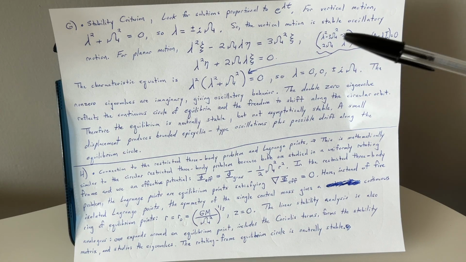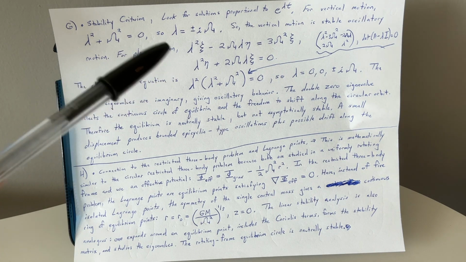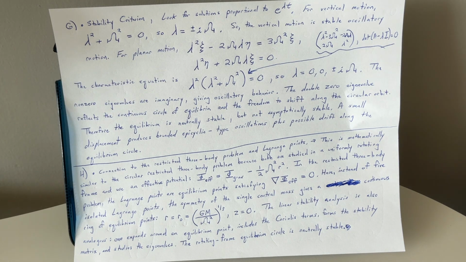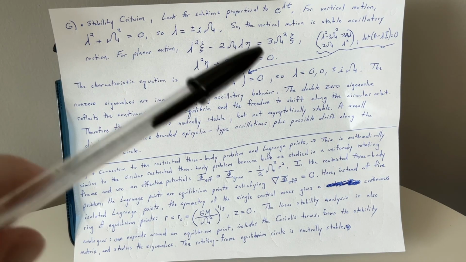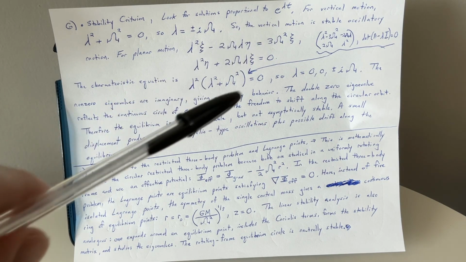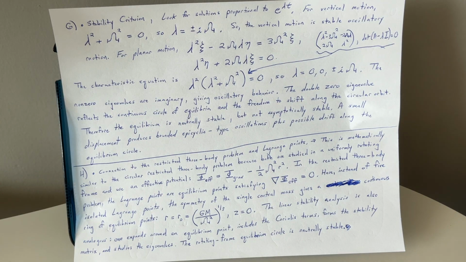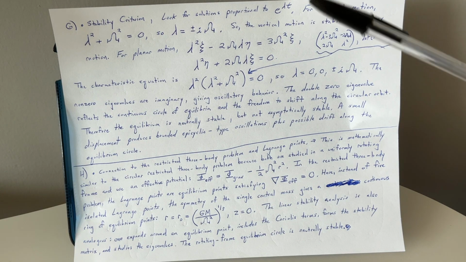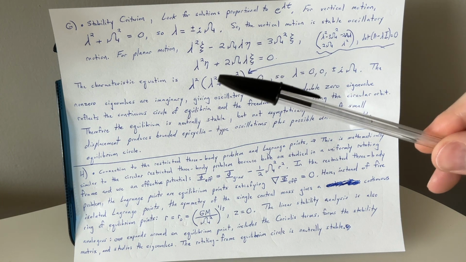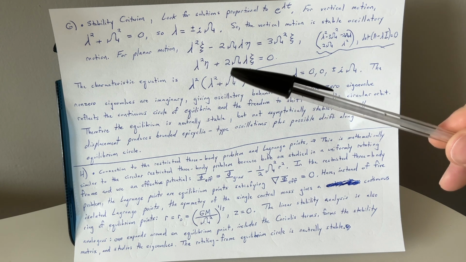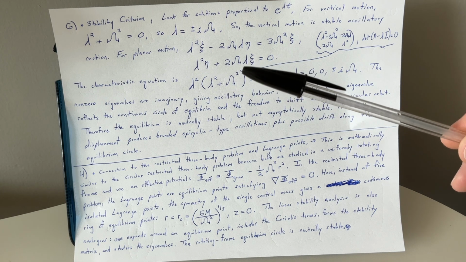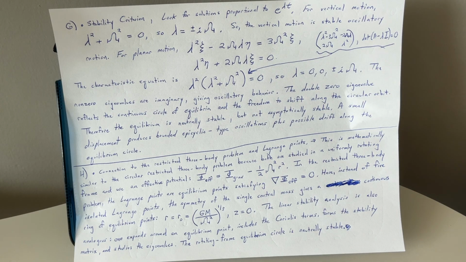So the vertical motion is stable, oscillatory motion. For the planar motion, lambda squared xi minus 2 omega lambda eta equals 3 omega squared xi, and we're going to wind up with lambda squared eta plus 2 omega lambda xi equals 0.